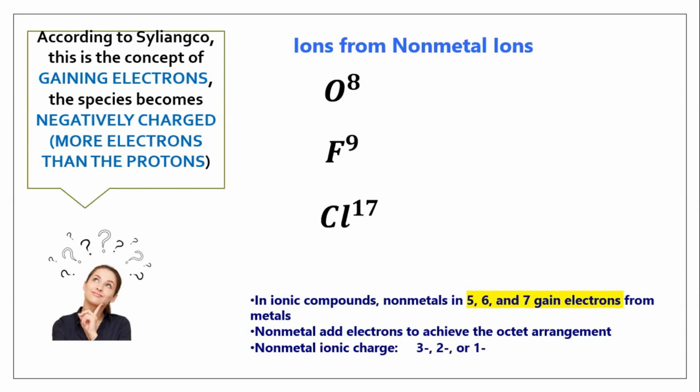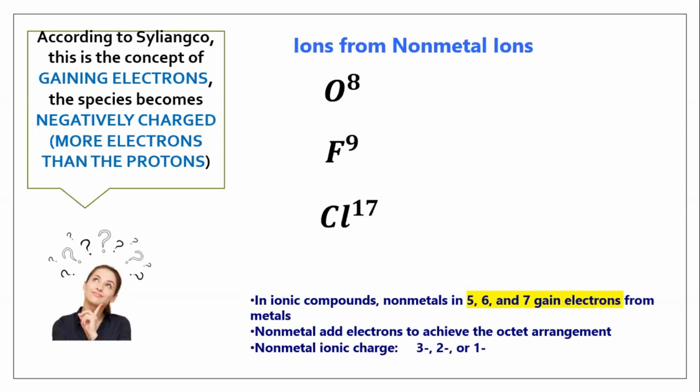In ionic compounds, non-metals in groups 5, 6, 7, we're talking about 5, 6, 7, no? So ito yung mga kabilang doon sa mga groups ng 5, 6, 7, o ito yung may mga valence ng 5, 6, 7, no? So non-metals in 5, 6, 7 gain electrons from metal.